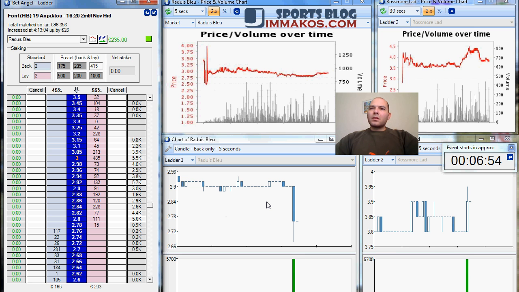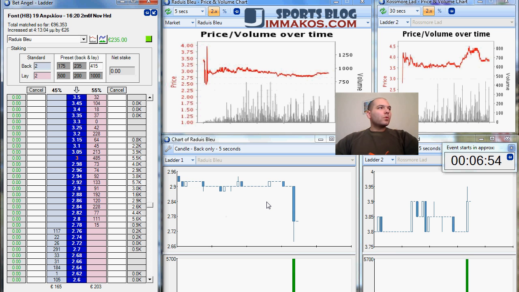We can see that in the past minute there was 5,500 euros matched, pushing the odds considerably low to 2.70. I'm predicting a return up to 2.9 and then resuming the downtrend.